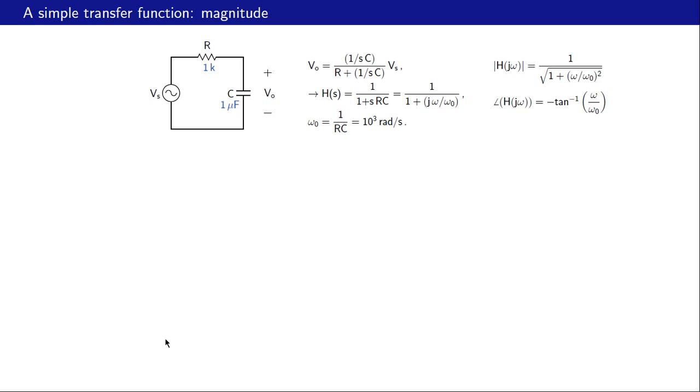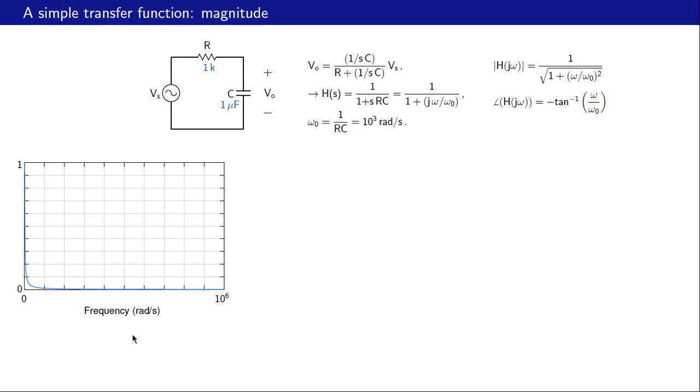Let us now look at how H varies versus omega, and that is given by this relationship. We are talking about the magnitude of H right now. Here is a plot. The x-axis is omega in radian per second. This is omega equal to 0. This is omega equal to 10 raised to 6. And the y-axis is mod of H. And as we have seen in the last slide, mod of H approaches 1 if omega is small, because this term is negligible compared to 1.